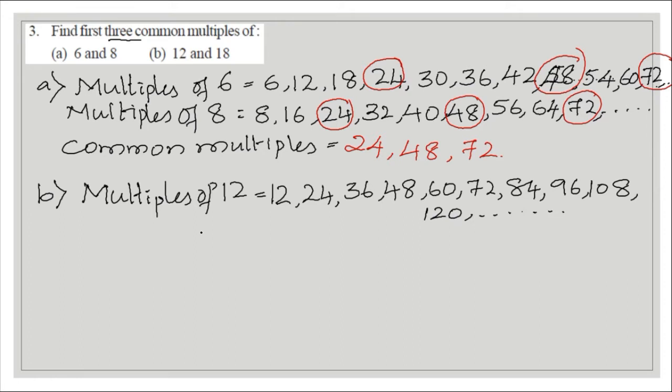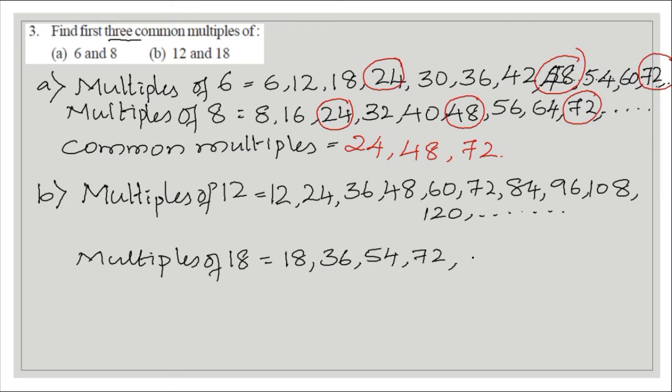It continues. Multiples of 18 are 18, 36, 54, 72, 90, 108 and it continues.